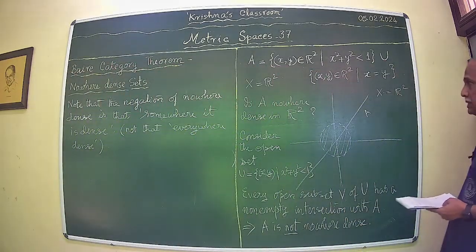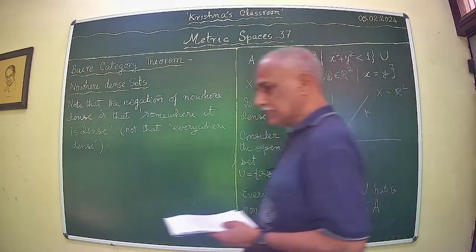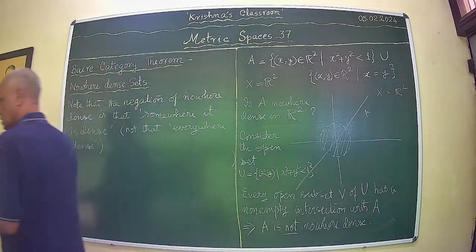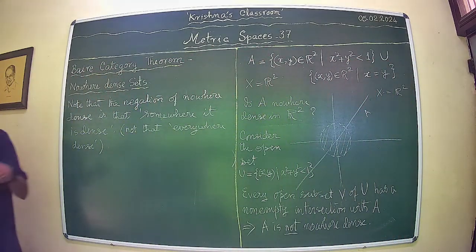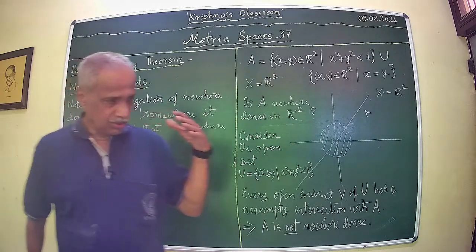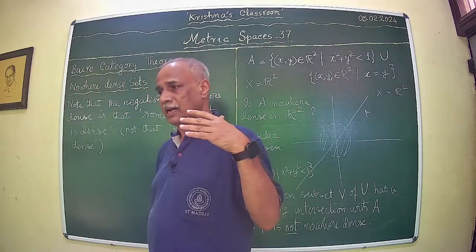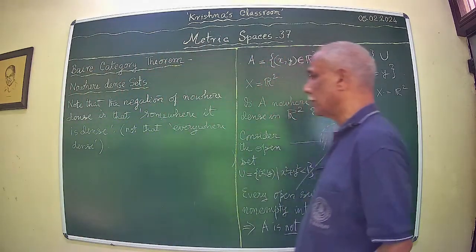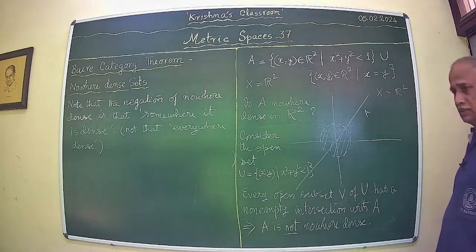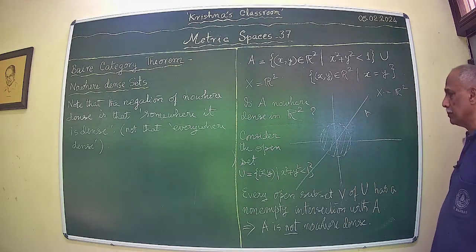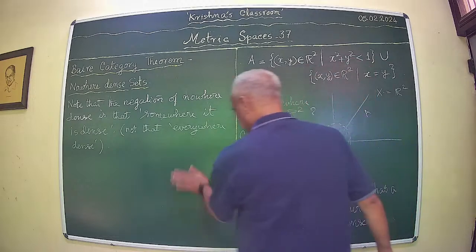Therefore, that makes it amply clear what the negation of nowhere dense is. These examples give you an insight into the concept.